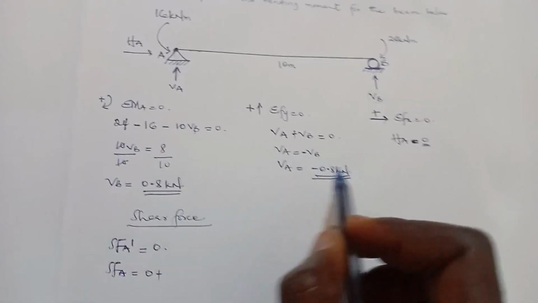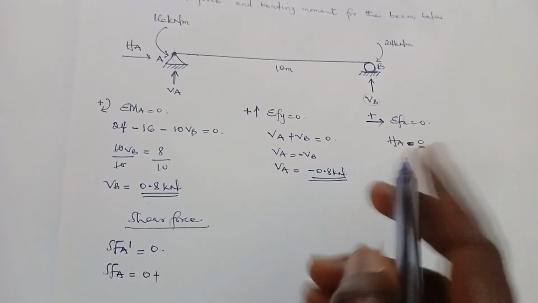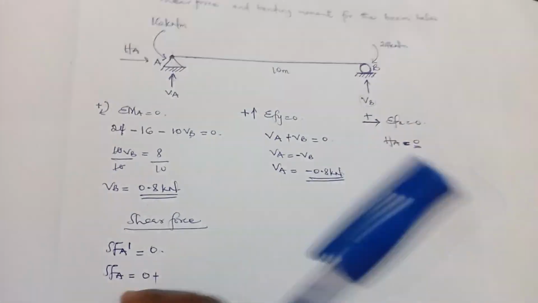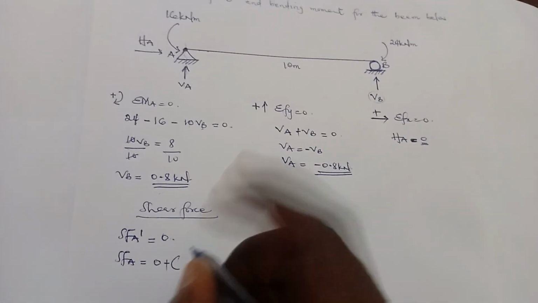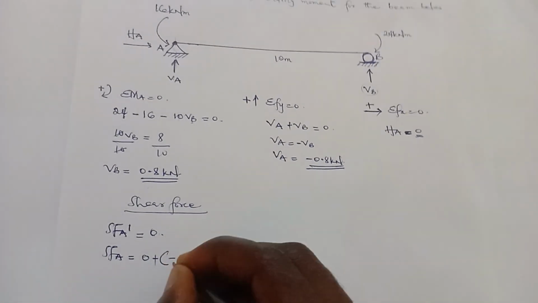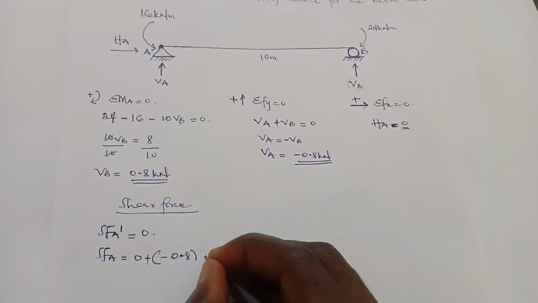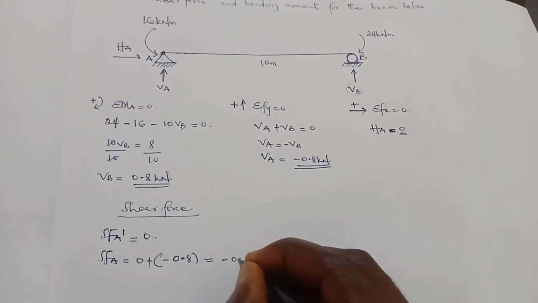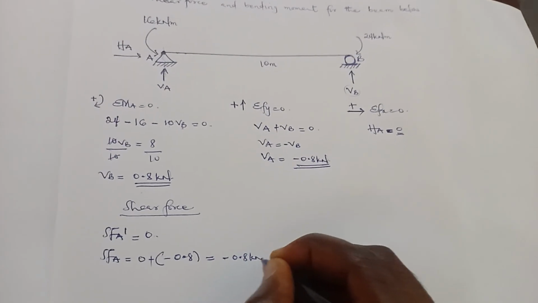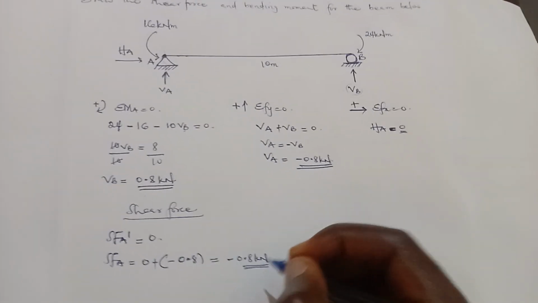The value for VA is negative 0.8, so plus VA, but VA is negative 0.8. This will give us negative 0.8 kilonewton. That's the shear force at A.